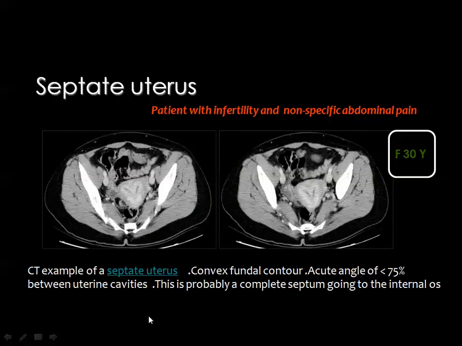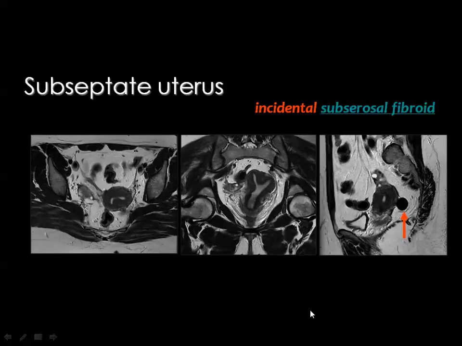CT, of course, is the least of the imaging modalities to identify uterine anomalies, but sometimes you can see this as an incidental finding looking for other pathology. And here, this is the uterus. There are two separate endometrial cavities with a septum in between, and this is septate uterus by CT.